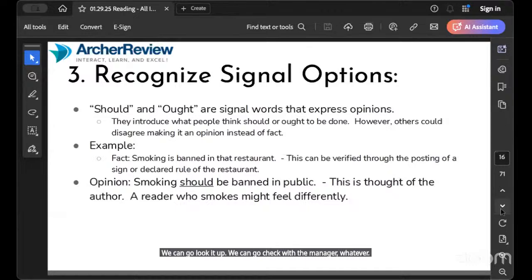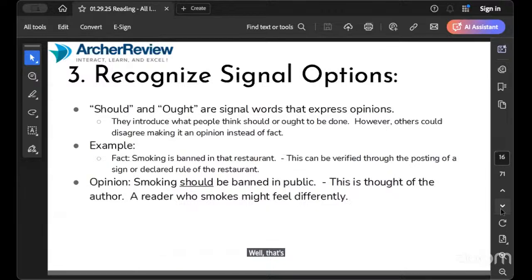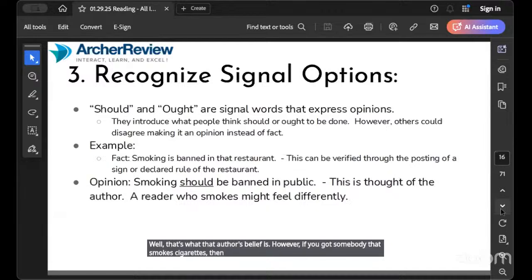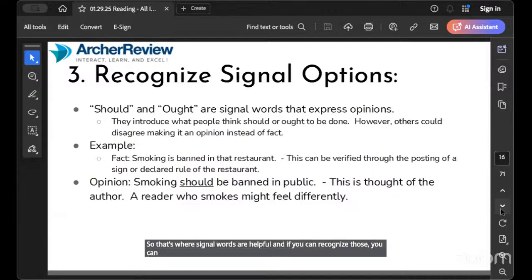But if you reword it using signal words, that would be smoking should be banned in public. Well, that's what that author's belief is. However, if you got somebody that smokes cigarettes, then I'm pretty sure that they don't think smoking should be banned in public, right? So that's where signal words are helpful. And if you can recognize those, you can recognize opinions faster or easier.